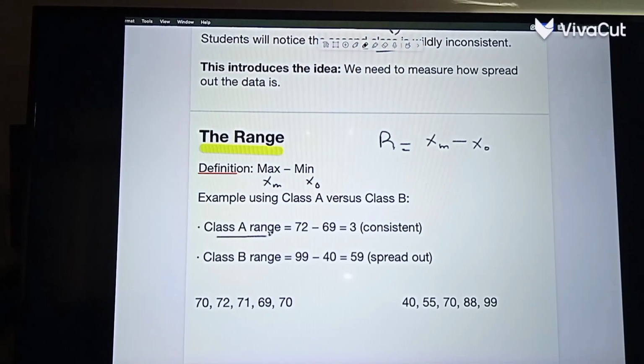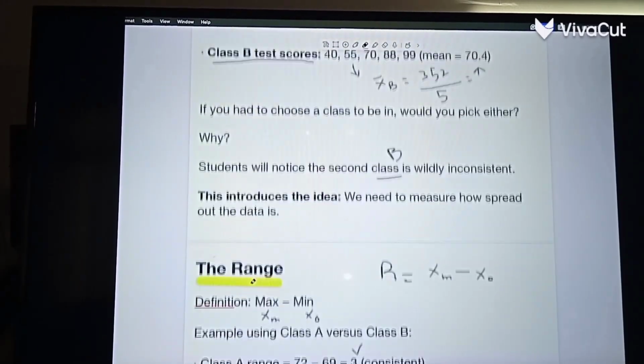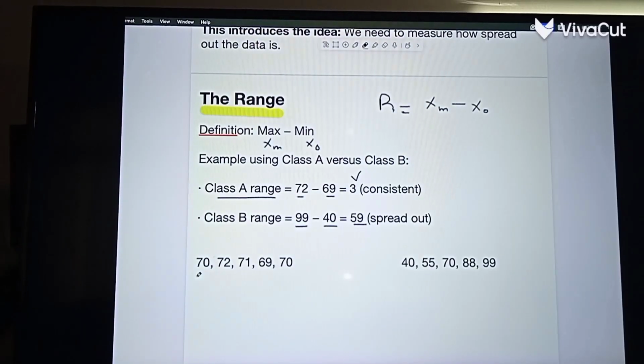In this data set, the maximum value is 72 and the minimum value is 69, and their difference is 3, which is the range. For class B, the maximum value is 99 and the minimum value is 40, and it gives a range of 59, which is quite spread out. Now let's plot the above data sets for range.